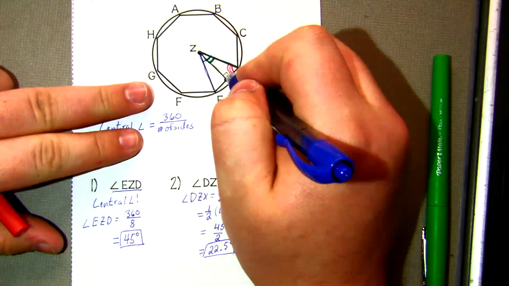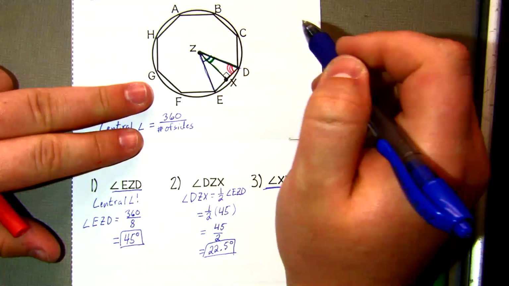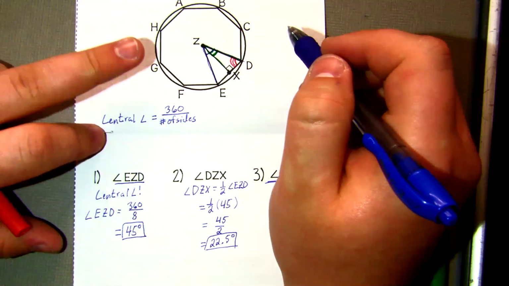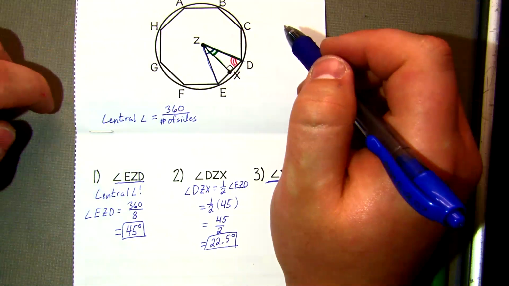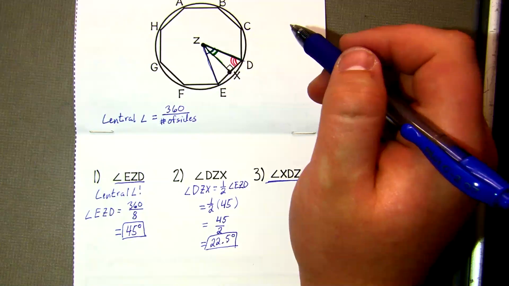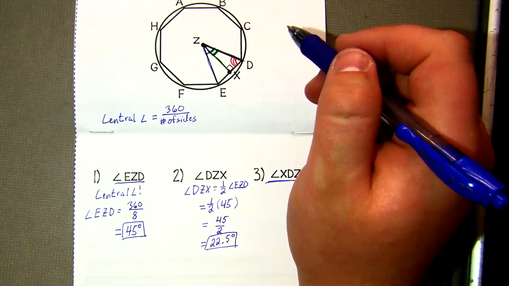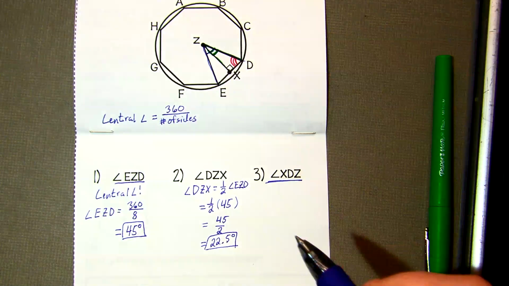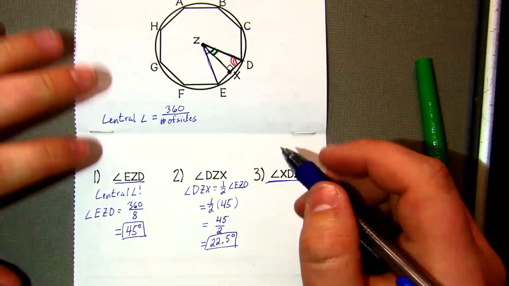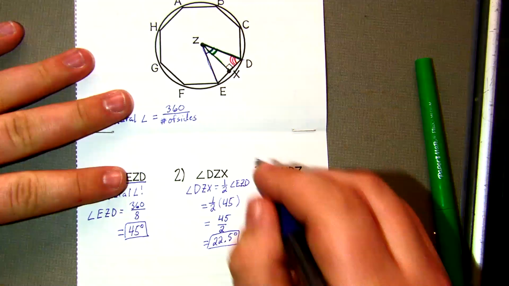We've got a triangle here, right? What do we know about the interior angles of a triangle? What do they measure? What do they add up to? Exactly. 180 degrees.